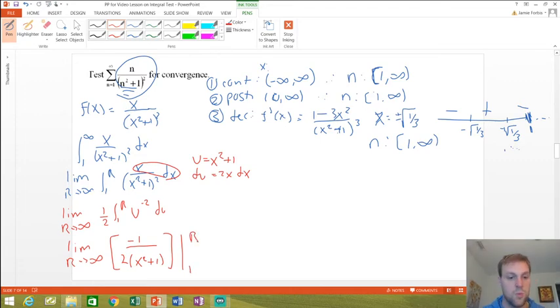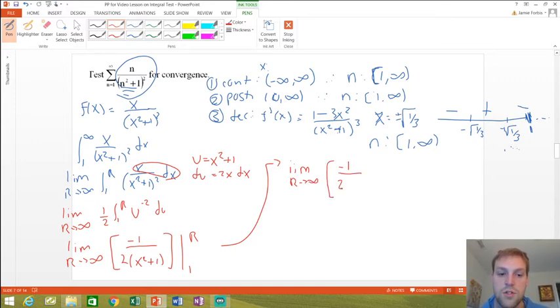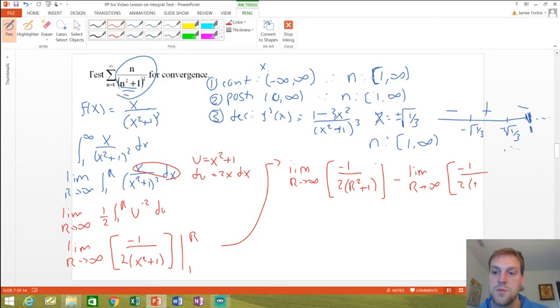I'm going to plug r in and plug 1 in, and then we'll see what we get down to. So this is the limit as r approaches infinity of the quantity negative 1 over 2 times r squared plus 1, minus the limit as r approaches infinity of the quantity negative 1 over 2 times 1 squared plus 1.